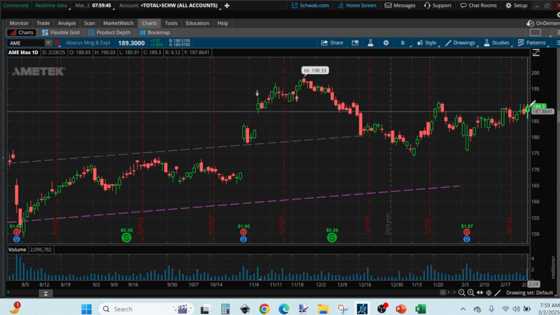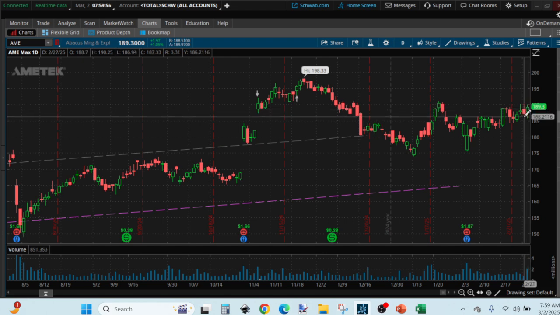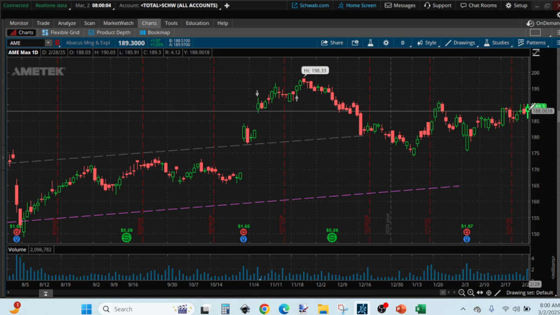But Friday, the price went up. It is a green bar. A green bar just means the closing price at the end of the day was higher than the morning price when the markets opened. And a red bar means the closing price at the end of the day was lower than the morning price when the markets opened. That day the price dropped. And for Friday, February 28, 2025, the price went up.